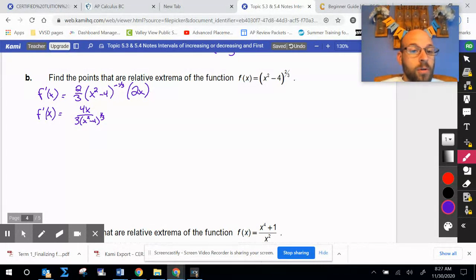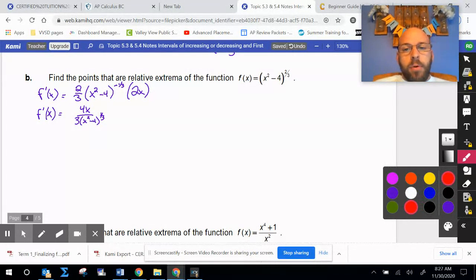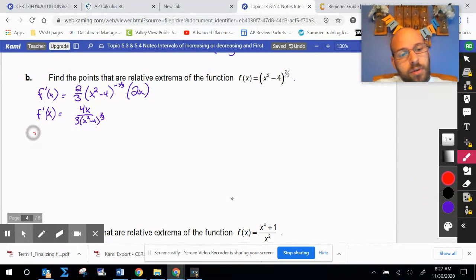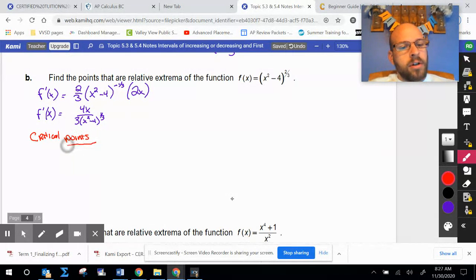Okay, so I want to find my critical points. Now my critical points are going to be where this is 0 or undefined. So I'm going to separate them into two categories here.